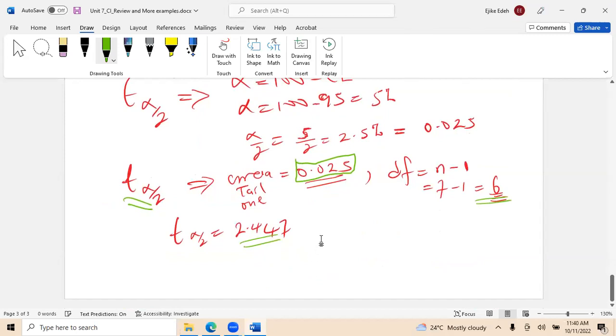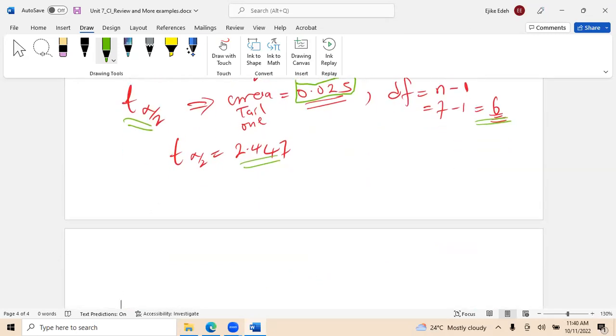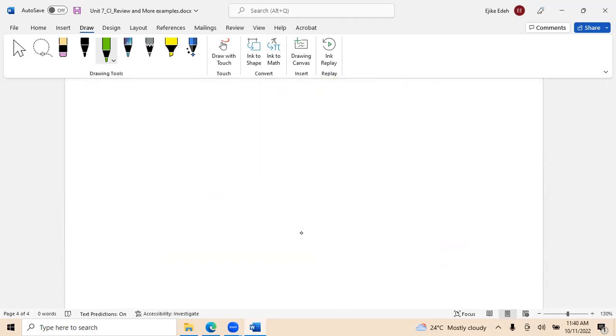Okay, so let me go to the next page here. To compute the confidence interval, and we're looking for 95% confidence interval, we need to find the lower bound, which is our mean minus margin of error, and mean plus margin of error. But we know that this is T because we don't have the population standard deviation.